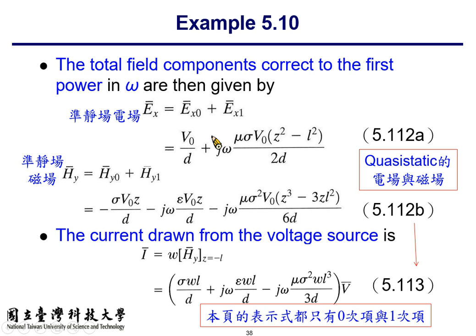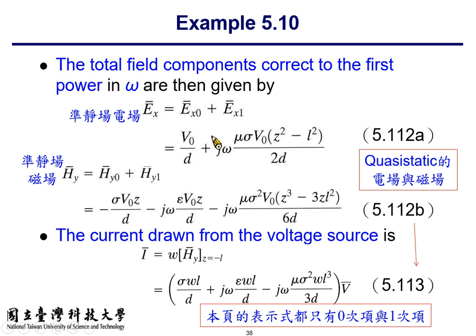The electrical field comprises the zeroth order and first order term, and so does the magnetic field: the zeroth order term, the first order term, and the complementary first order term. One interesting thing can be drawn from this result.